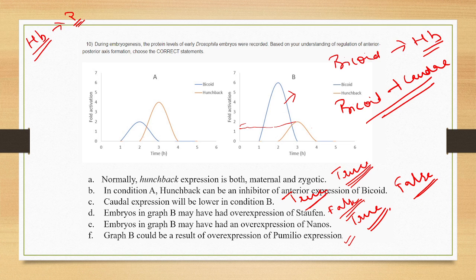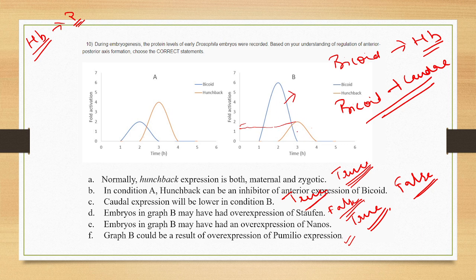Now, to say whether hunchback is getting repressed or not, you need to have a control. In the control you can say that earlier hunchback was expressed this much, and now because Pumilio is overexpressed, in comparison to the control it has down regulated.